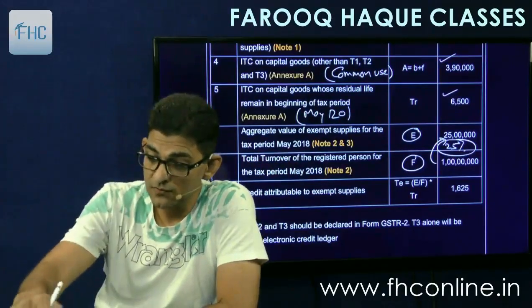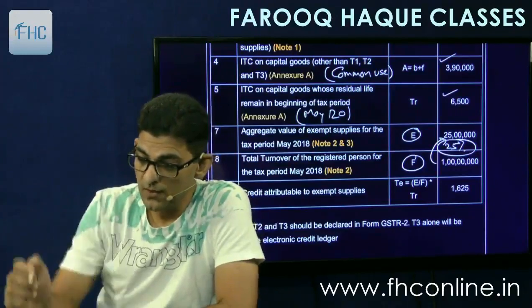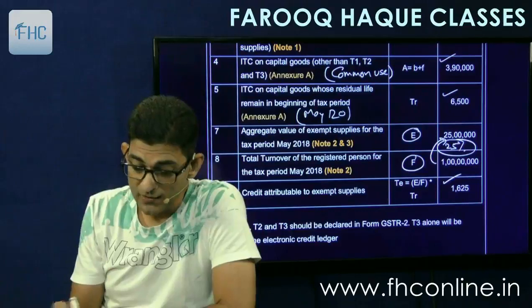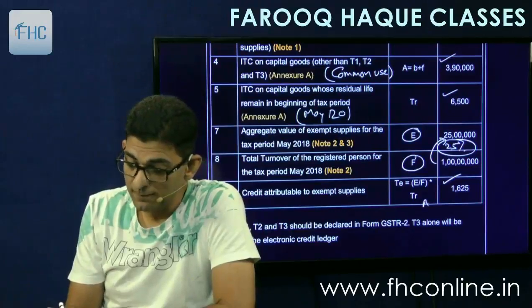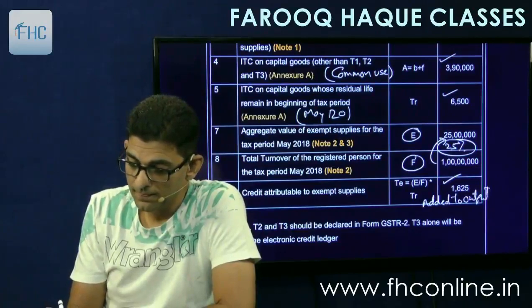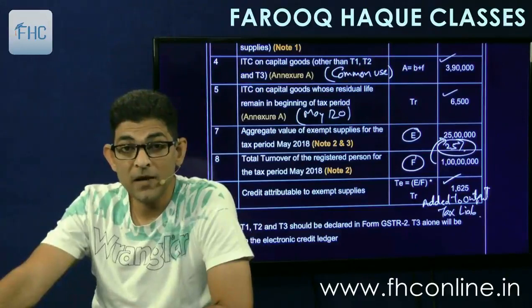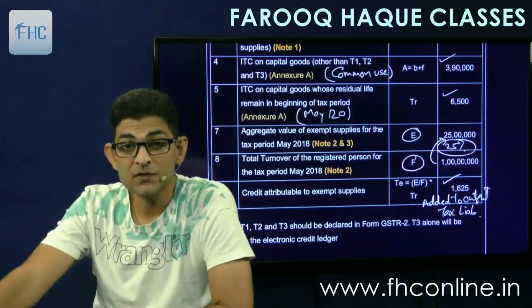So let's do it. 6,500 into 25%, 1625. So 1625 will be reversal added to output tax liability.